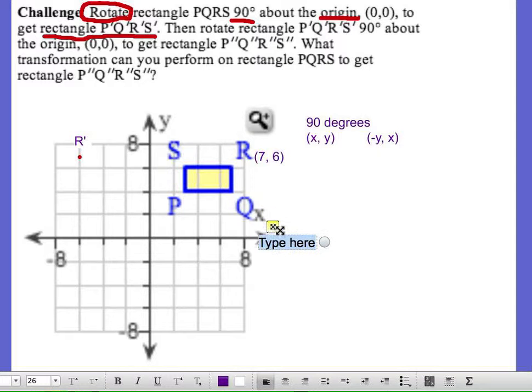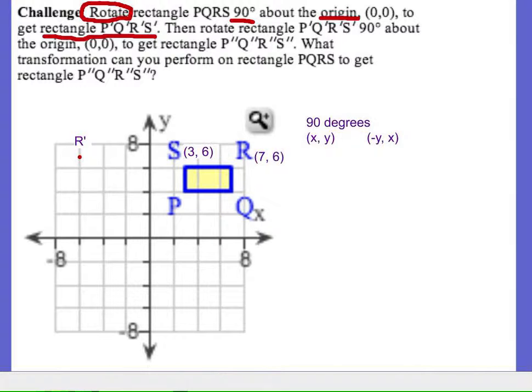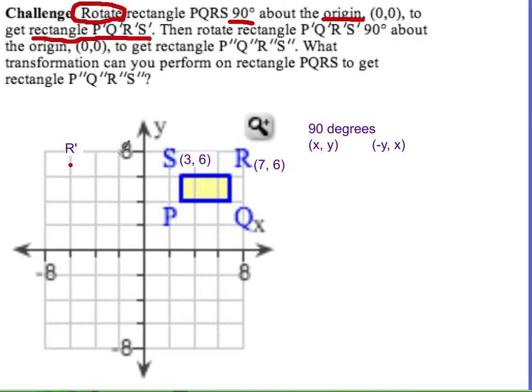S is at 3, 6. That's our point for S, 3, 6. That means our new S would be at negative 6, 3.